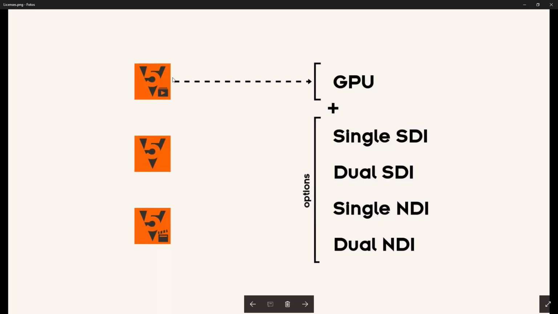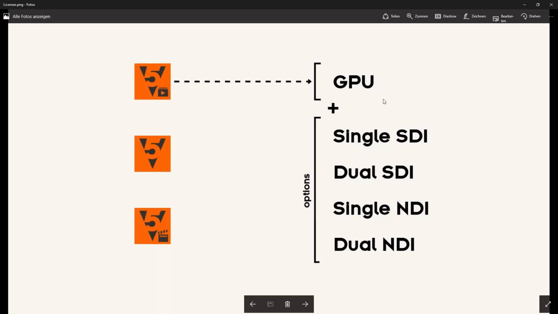Okay, so this is basically it. If you buy one of those products, you will by default be able to output on your GPU, and if you want to output on anything else, you will have to buy some options. So for example, if you want to output SDI signals, you will have to buy either a single or dual SDI output option, or if you want to use the NDI outputs, you can also do that. Or if you, for example, want to use a camera tracking system, you can also buy an option for that.